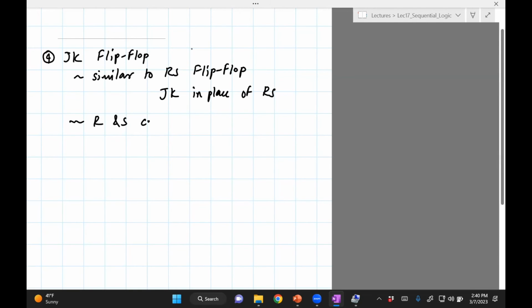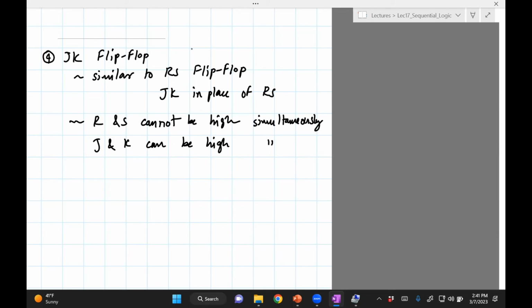R and S cannot be high simultaneously. But here J and K can be high. They can be high simultaneously.